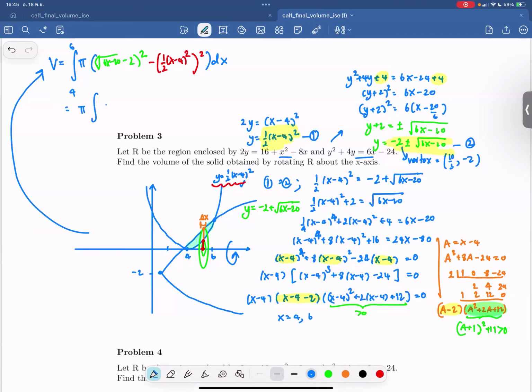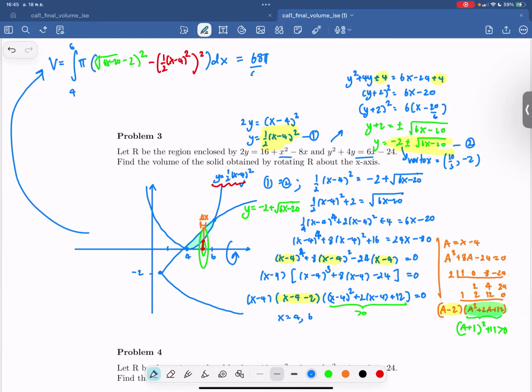But because we have to deal with many examples today, I may leave it as your exercise, and the answer should be 68 pi over 45. It's just a basic calculation.